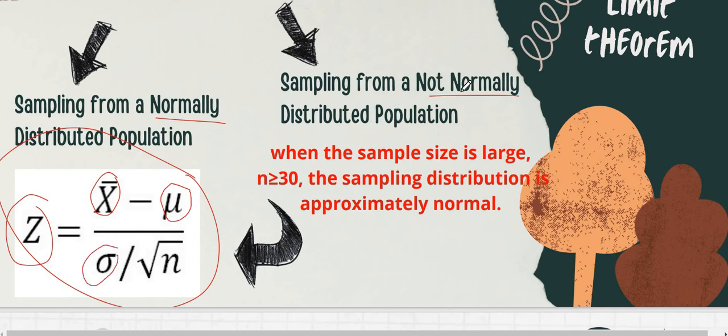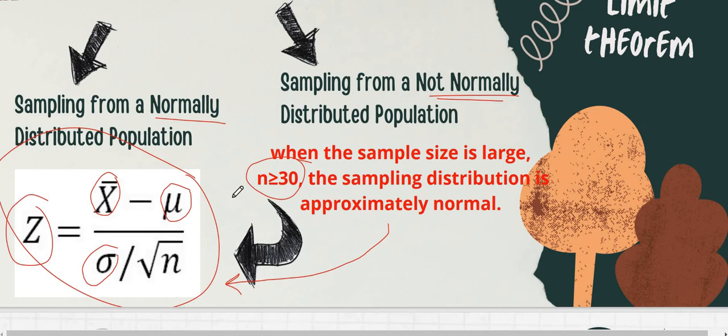Now we go to the second one, not normal. Not normal distribution is when the sample size is large. What does large mean? It is large when your n, which is your sample size, is greater than or equal to 30. When your n is lebih besar dan ataupun sama dengan 30 dan ke atas, automatically it will use the normal approximation, the normally distributed population.